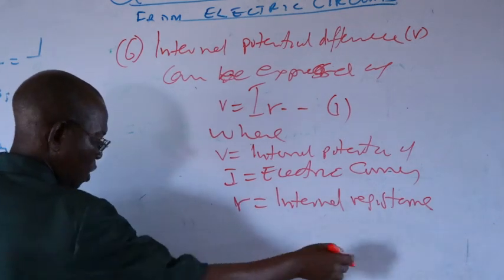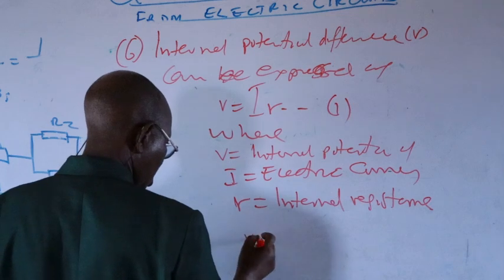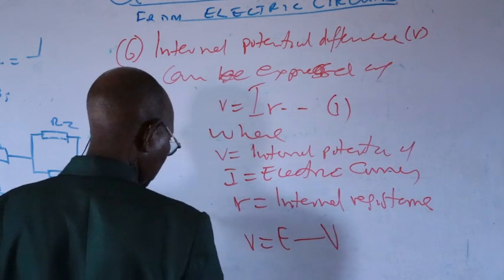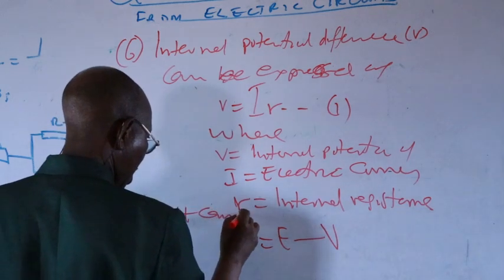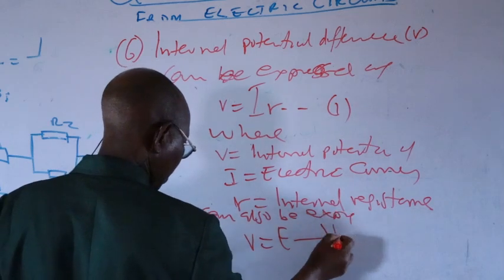It can also be expressed as small letter v equals electromotive force minus this. It can also be expressed as this.